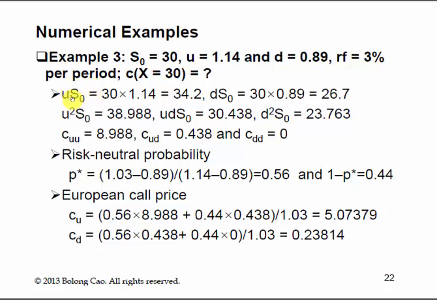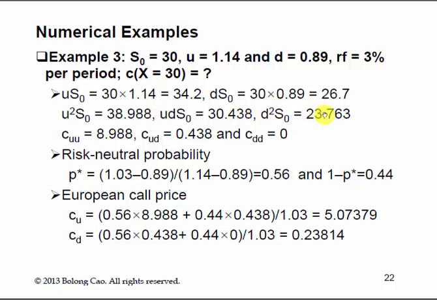So the underlying price going up once is 34.2, going down once 26.7, going up twice 38.988, going up and down is 30.438, going down twice 23.769.